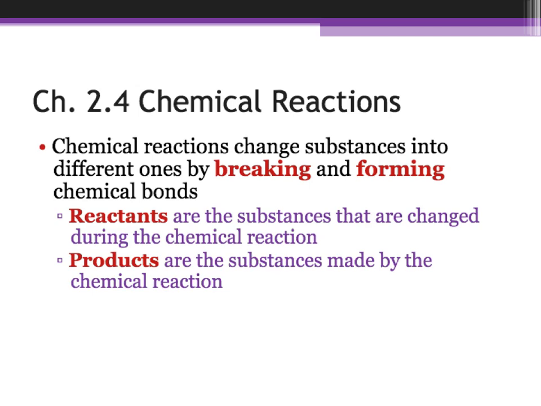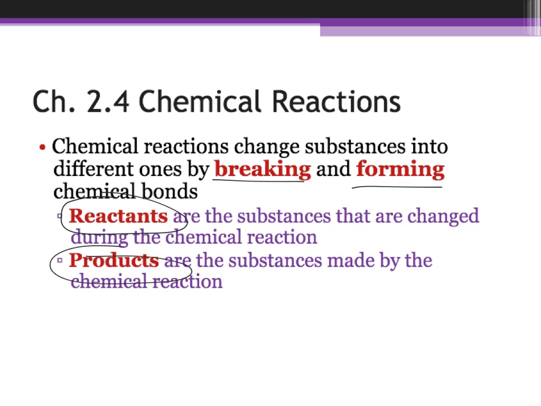So a chemical reaction is going to change a substance into something else by either breaking or forming chemical bonds. Sometimes when we have a reaction, we're going to break something down, and other times we're going to put something together. Reactants are the substances that are changed during the chemical reaction, and the products are the substances made.